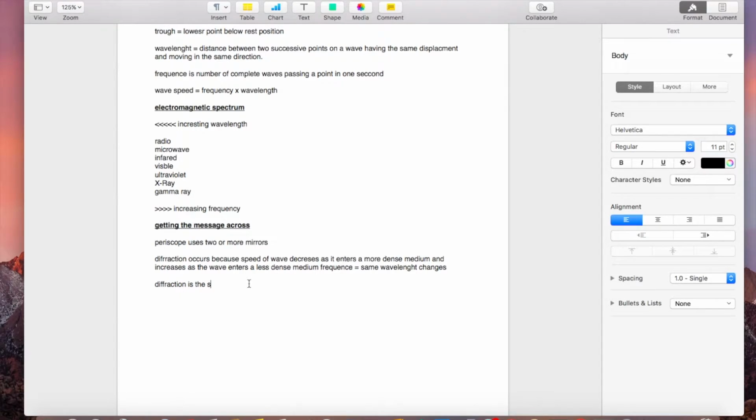Diffraction is the spreading out of a wave as it passes through a gap. And then the size of a communications receiver depends on the wavelength of the radiation.